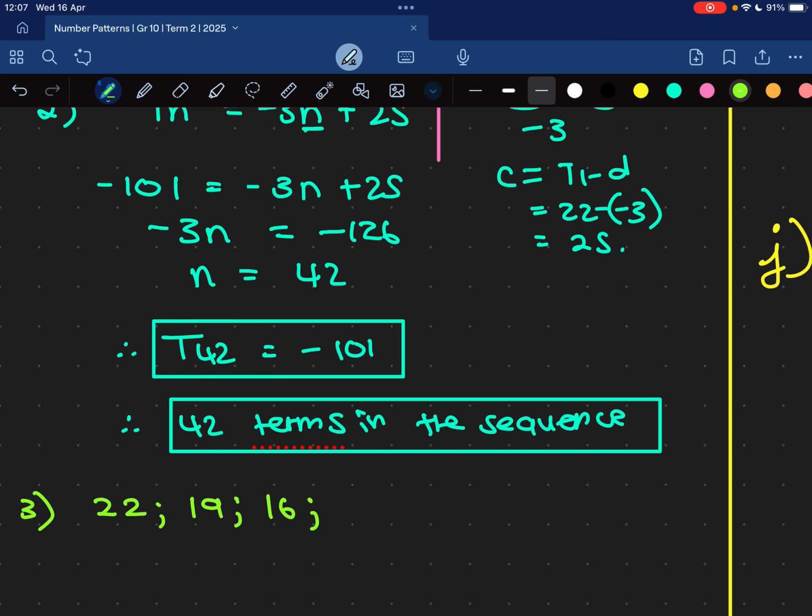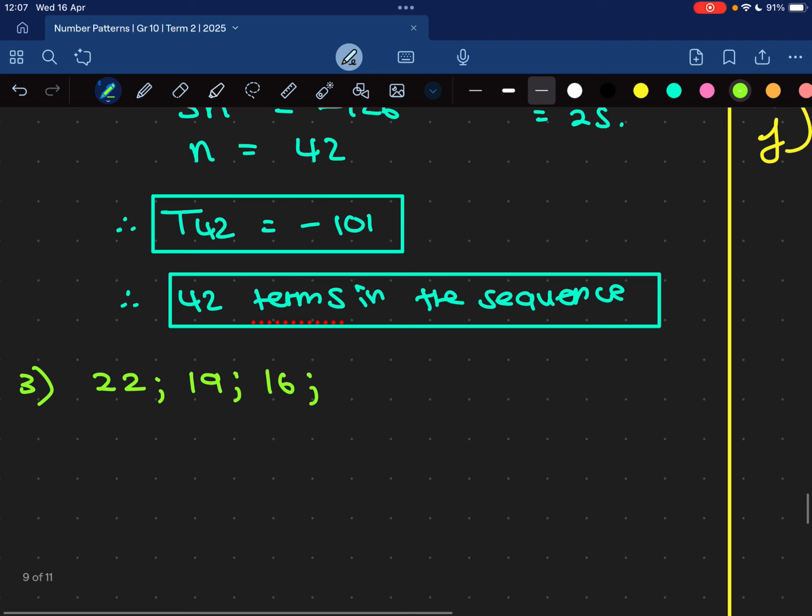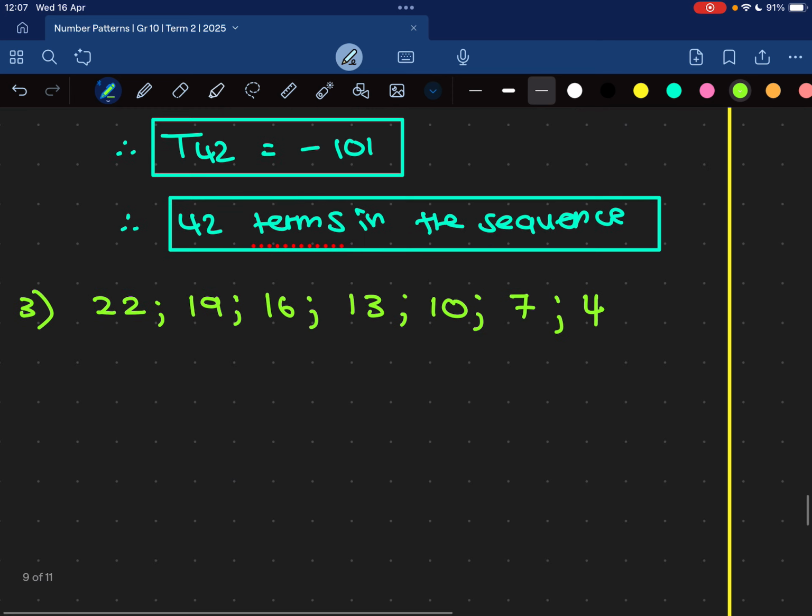3 even terms. So remember the difference is minusing 3, so it'll be 13, 10, 7, 4, and then it continues. If we want to know what the even terms are, we're going to pull them out.